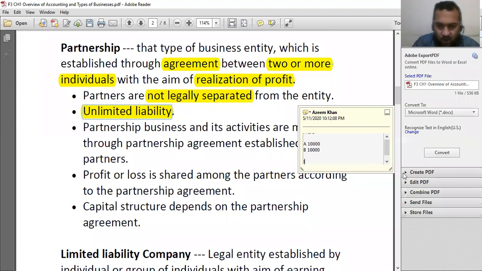Now the partnership has a loss that is equal to 25,000. Clear? Now how will the loss be settled?